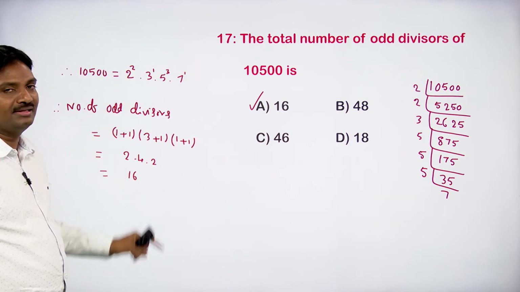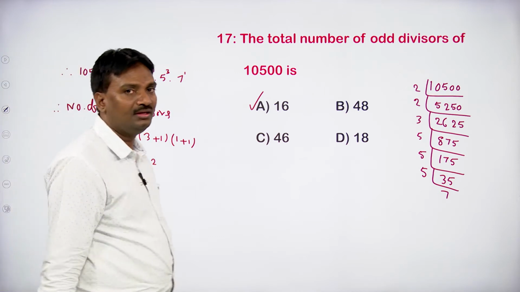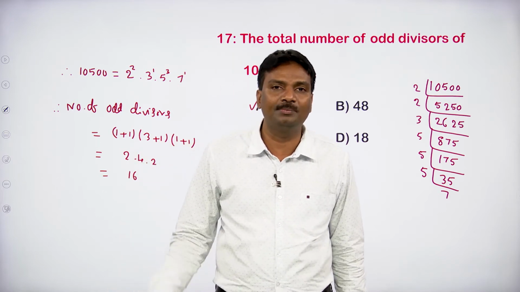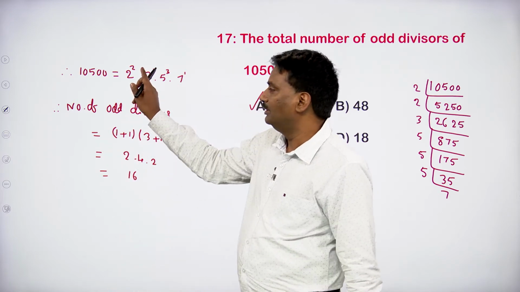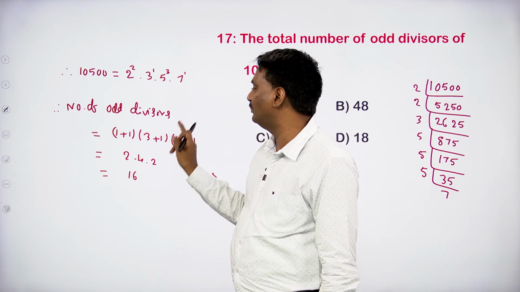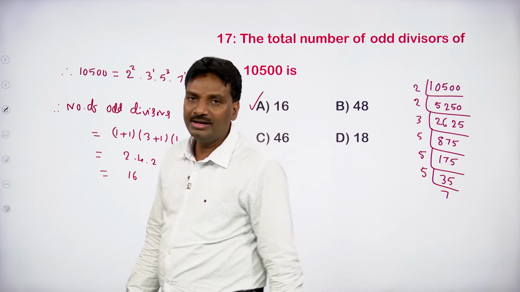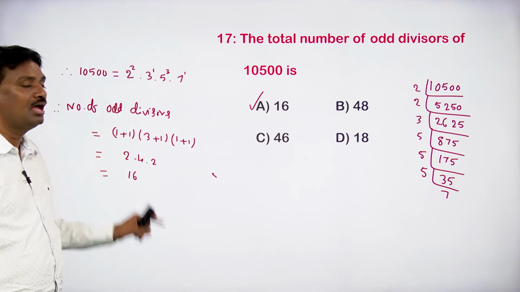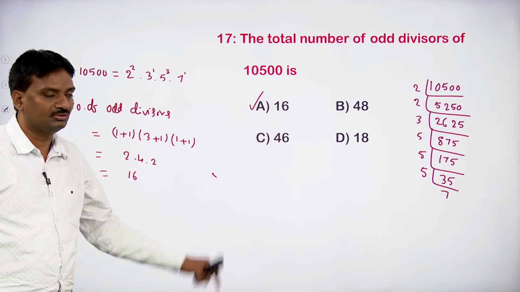After getting it like this, the number of odd divisors equals q plus 1 into r plus 1 and so on. So leave 2 squared. Next, by taking the remaining numbers, 1 plus 1 into 3 plus 1 into 1 plus 1, by simplifying we get 16. So the number 10,500 has 16 odd divisors. Okay, so take the screenshot.